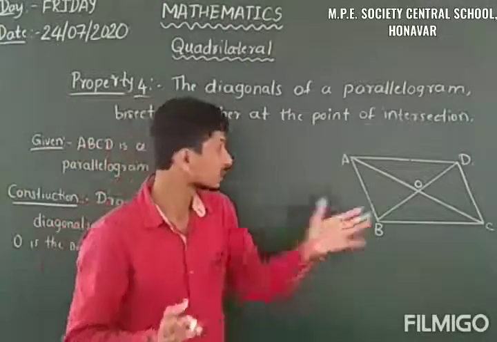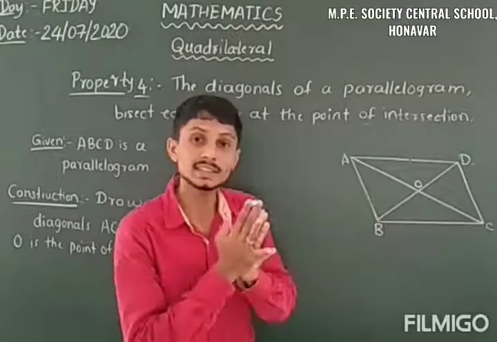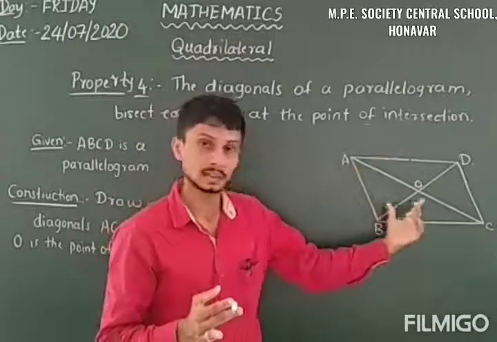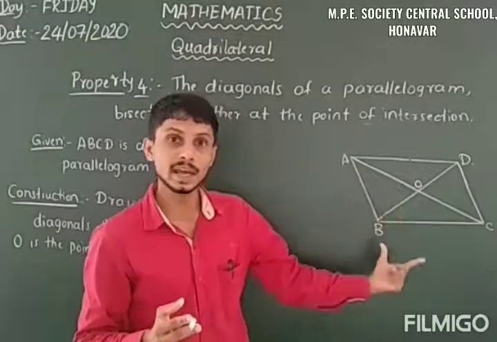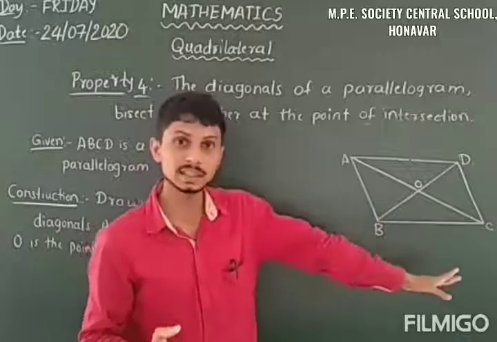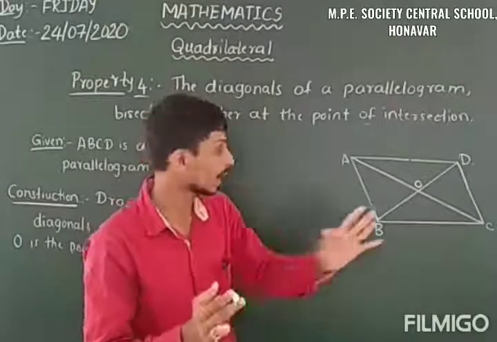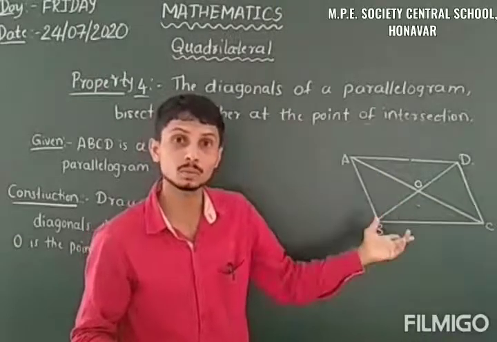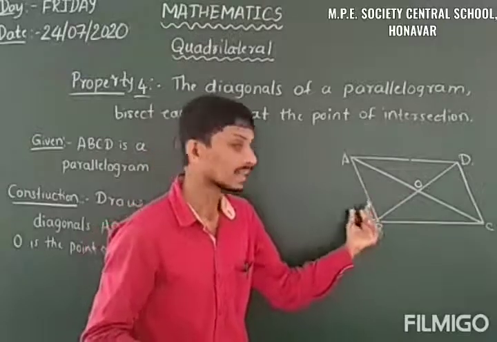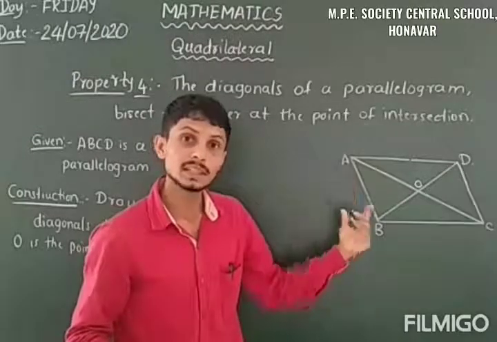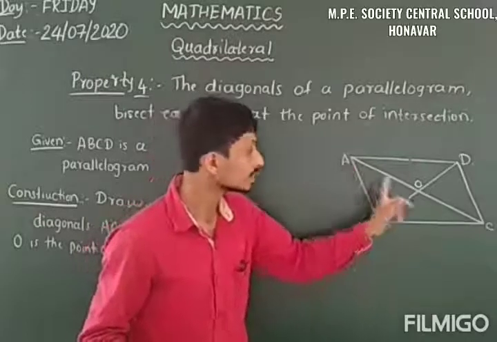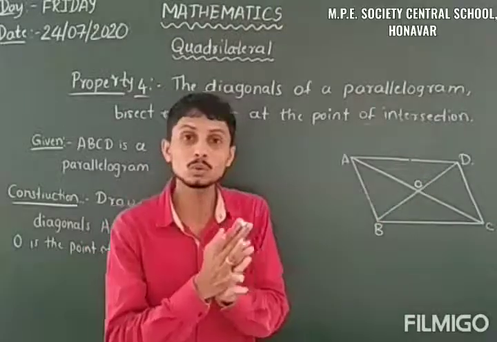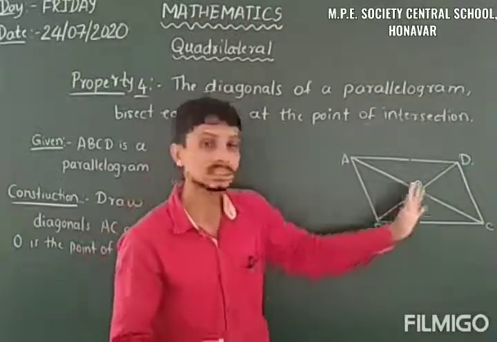Bisect each other means the BD diagonal bisects AC into two equal parts. That means we have to prove that OC is equal to OA. And in the case of BD, the AC diagonal bisects BD into two equal parts. That means OB is equal to OD.